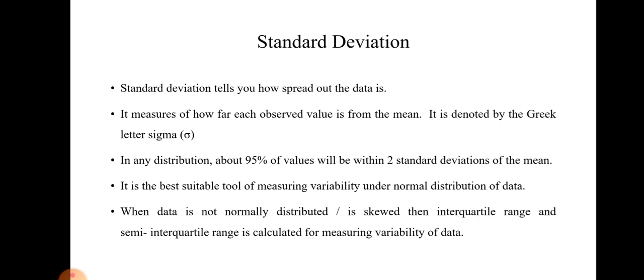It measures how far each observed value is from the mean. We first calculate the mean, then we collect the response of a respondent, then we find the difference between the mean value and the response of the respondent. If the difference is high, we can say standard deviation is high. If the difference between the mean and the observed value is low, we can say the standard deviation is low.